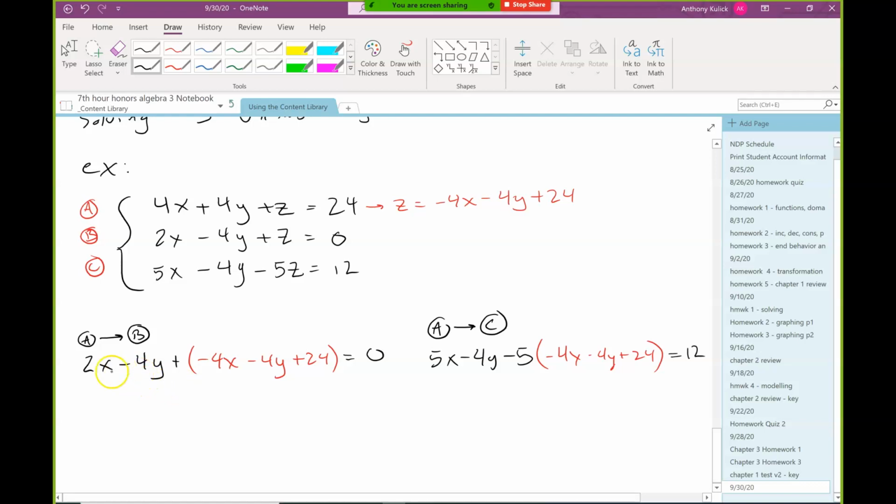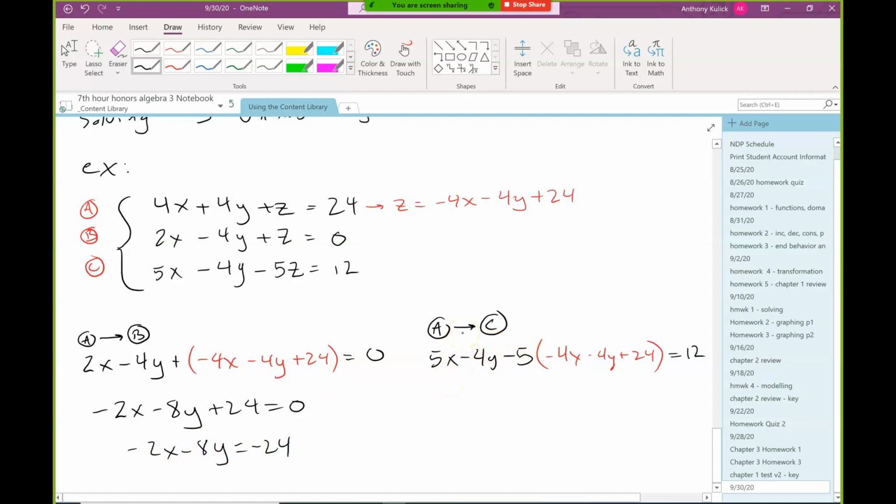Okay, so now in this first equation, I'm just going to combine like terms. Since there's no coefficient in front of the Z, I can just do that directly. So it'll give me minus 2x minus 8y plus 24 is equal to 0. And then I'll just move that 24 over to the other side.